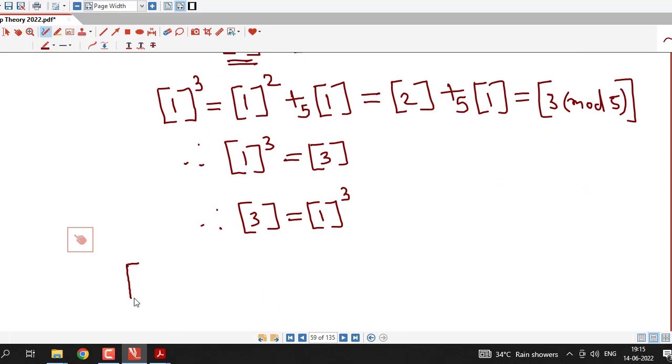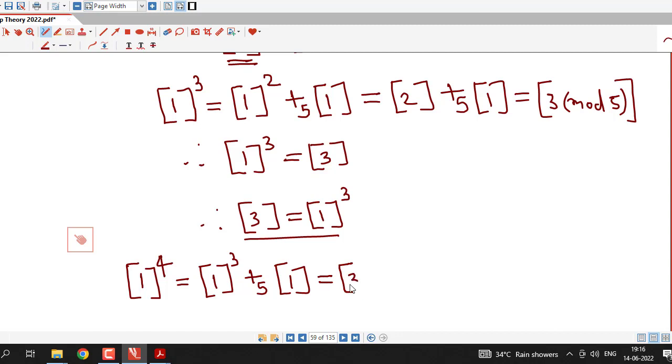Similarly, we try for the fourth power of equivalence class 1, and be careful, here our operation is addition modulo 5. This we can rewrite in this way. Now we replace 1 raised to 3 by 3, equivalence class generated by 3.